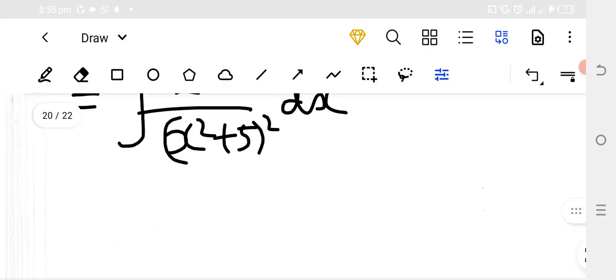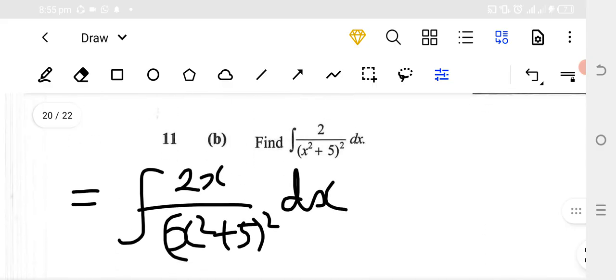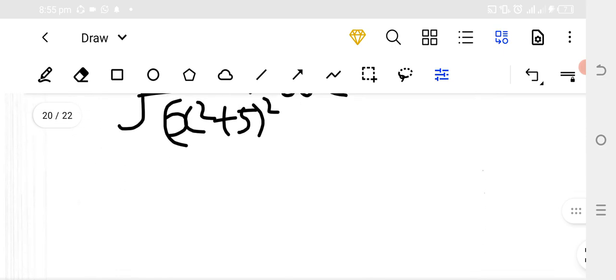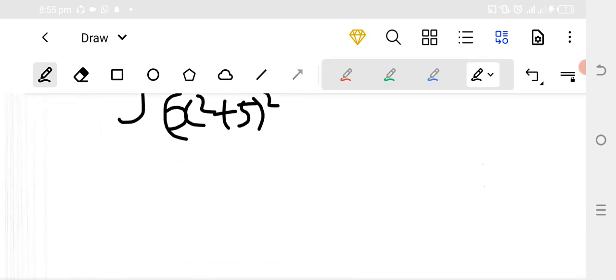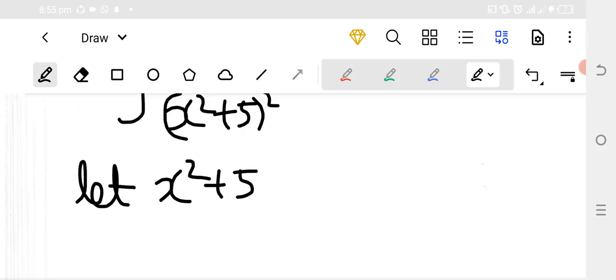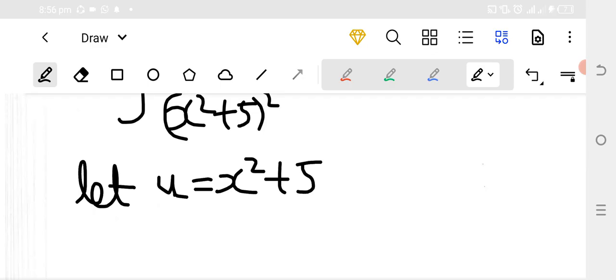You are going to say, let u be equal to x squared plus 5.